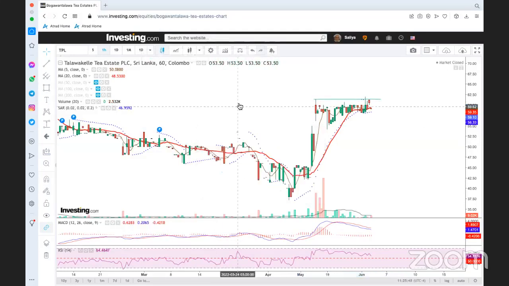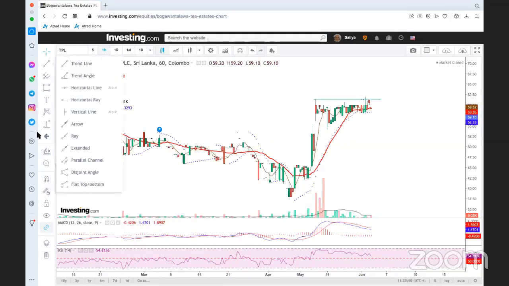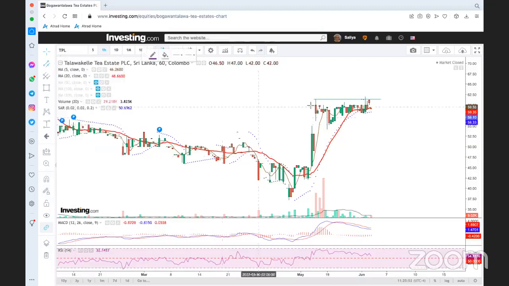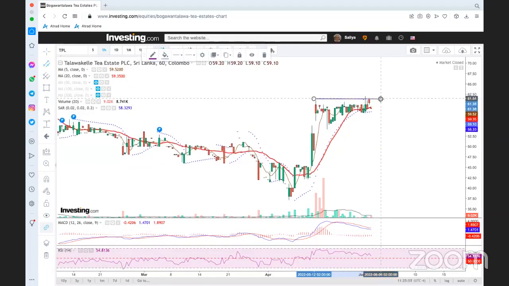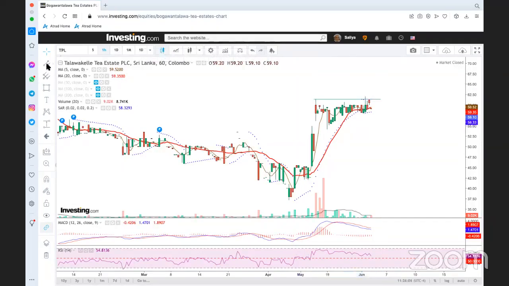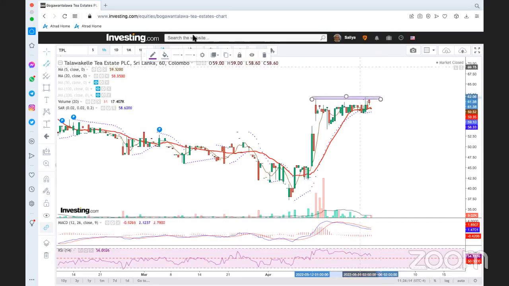Also, you can make use of the channels and go from here and extend it to 62.